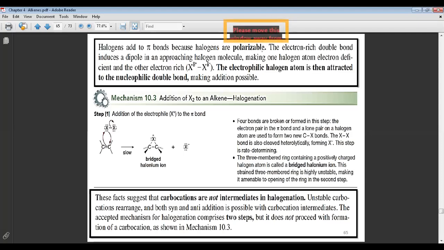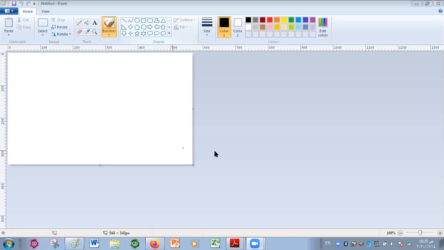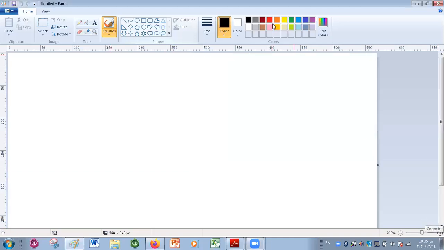That means if you have X2 like this, for example this iodine, and we know the halogen has high electronegativity.